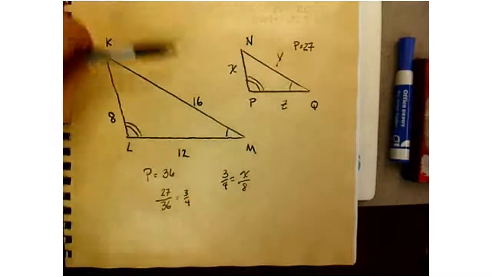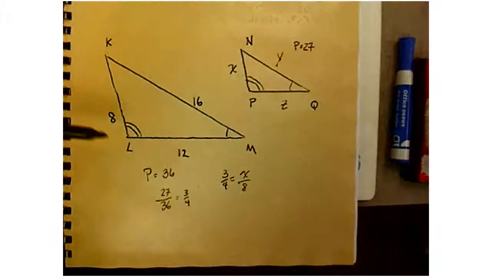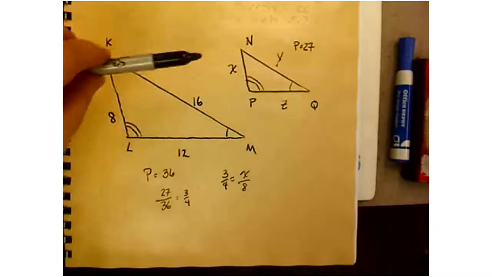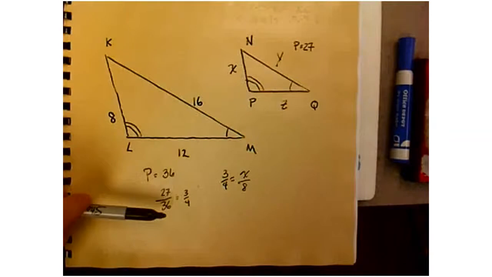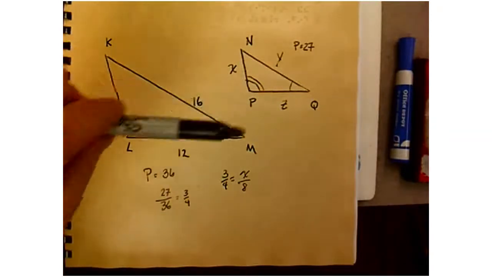So there are a couple of steps you have to do on these. First, you make out your drawing. You recognize the perimeter. Then you realize, I need to find the perimeter of my other one, so we do a little basic addition. Then make your life easier. Think smarter, not harder. Take your ratio, 27 is to 36, and reduce it to 3 to 4, and then start going.